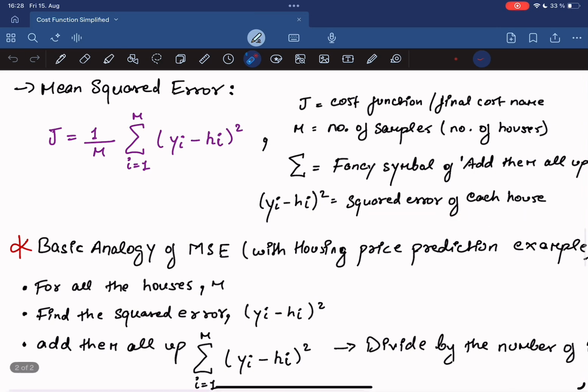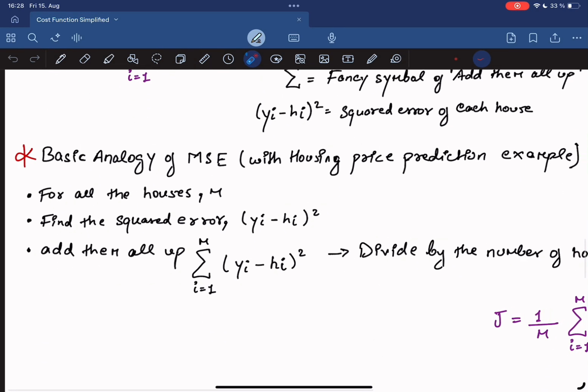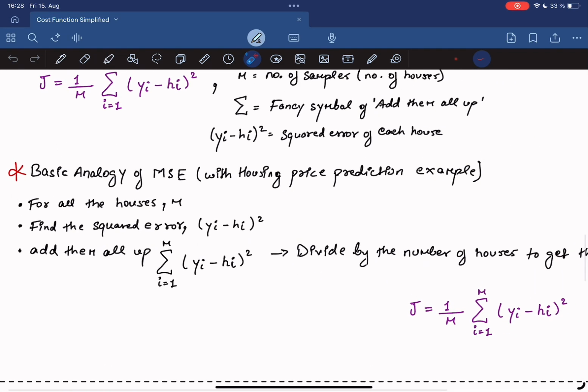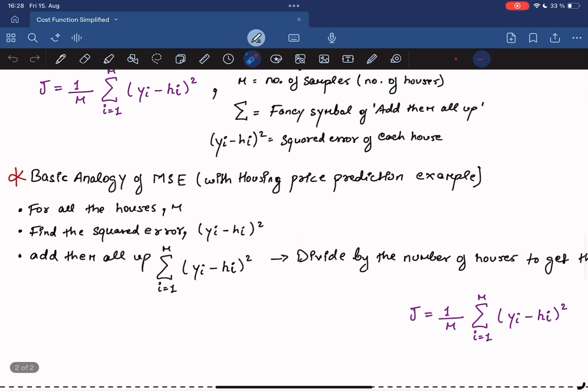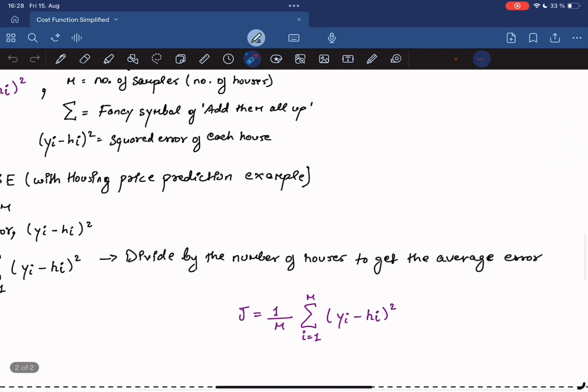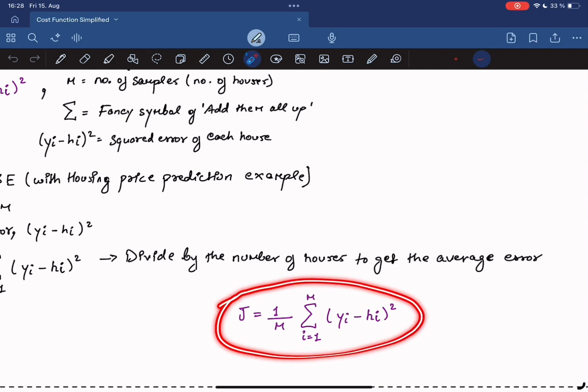So for all the m houses, we calculate the squared error and add them all up, and then divide by the number of houses to get the average error, all by using this MSE equation.